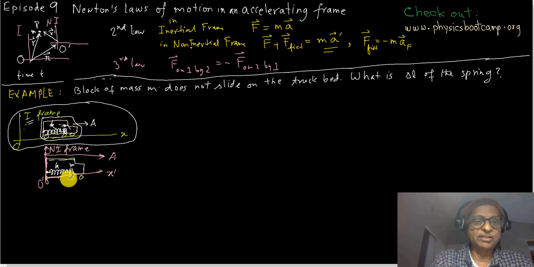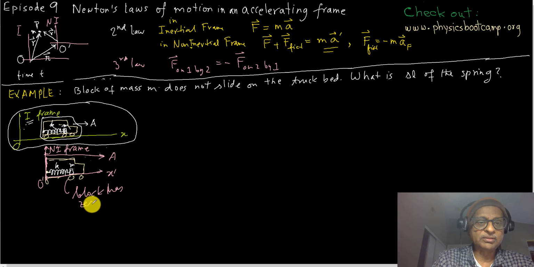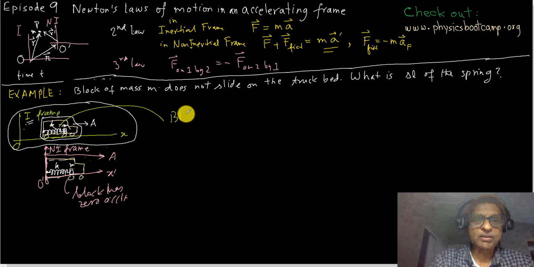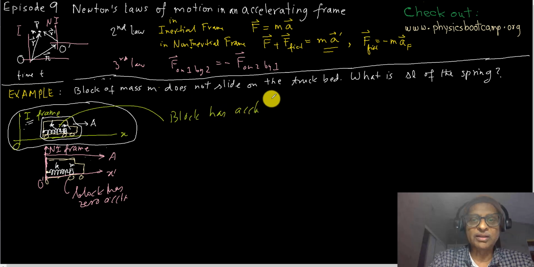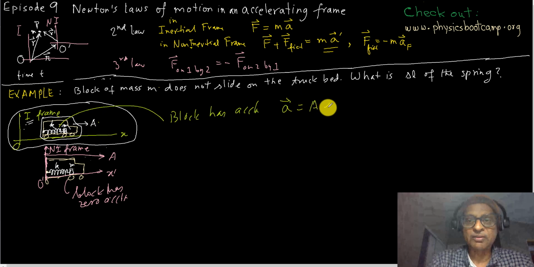So in this frame, the block has zero acceleration. In the inertial frame, the block has acceleration in the x direction of magnitude A. So acceleration is A i hat.